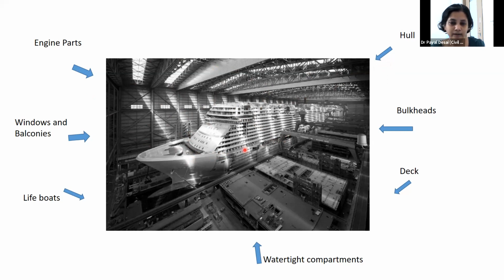Not only that, but there are a number of parts which you can see in the entire shipyard, comprising components of plates which are subjected to various loading conditions, and also supported with various boundaries.